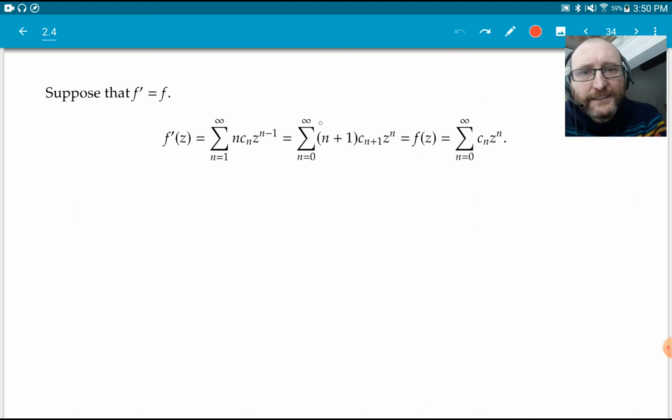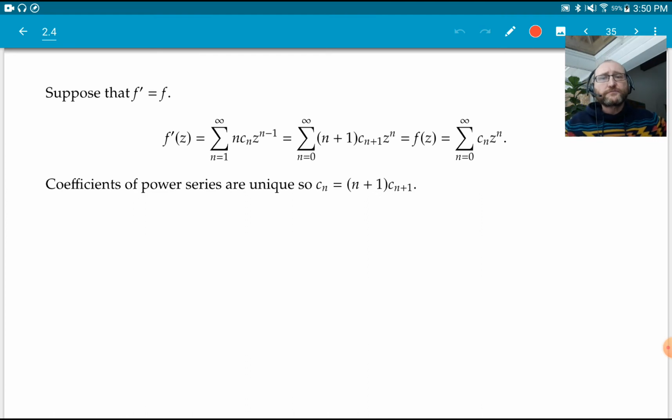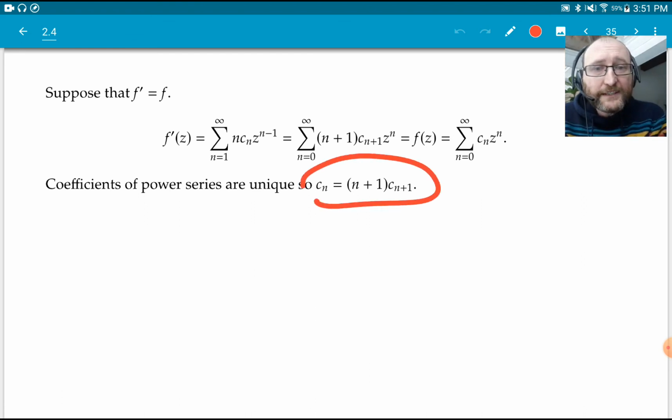So that means that these two series are supposed to be equal, because coefficients of power series are unique. If two power series at a single point, in this case the origin, are equal, then the coefficients are equal. So that means that we have this equation.